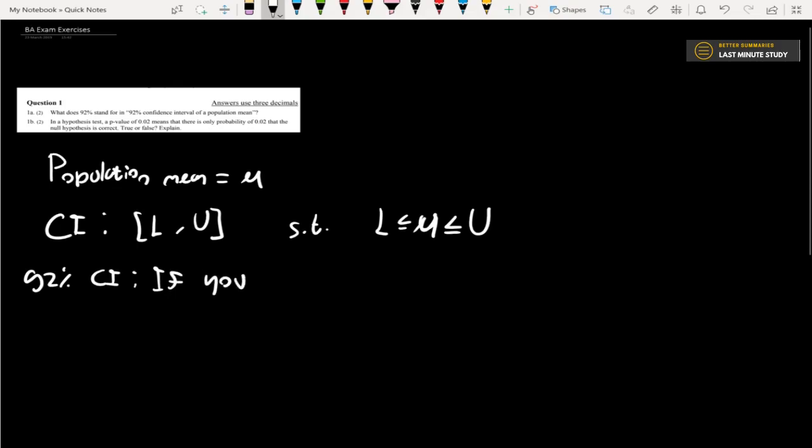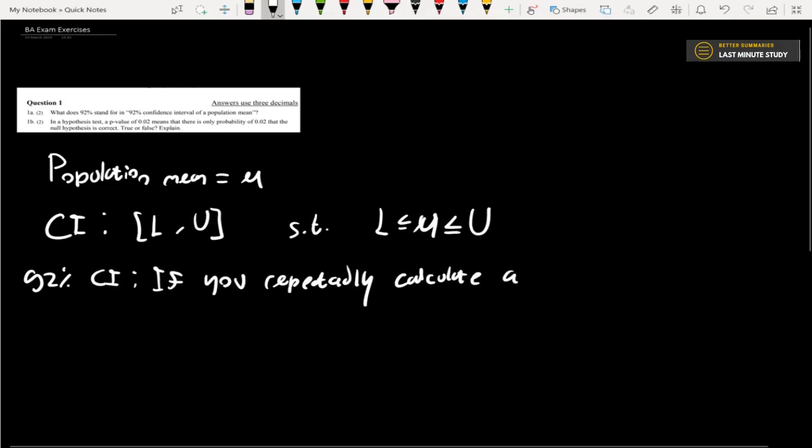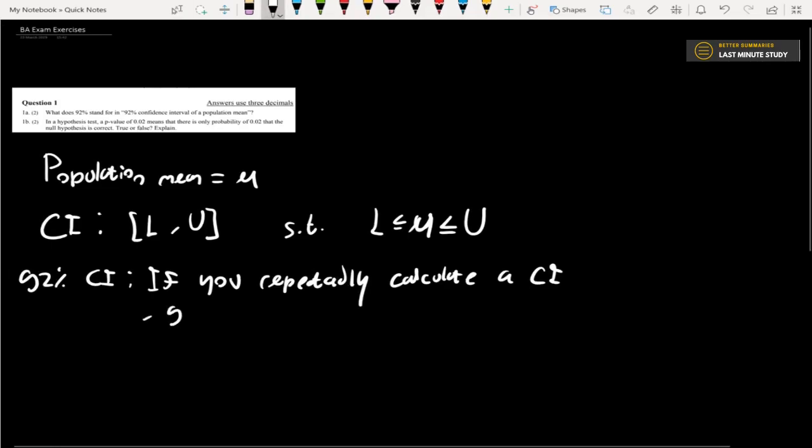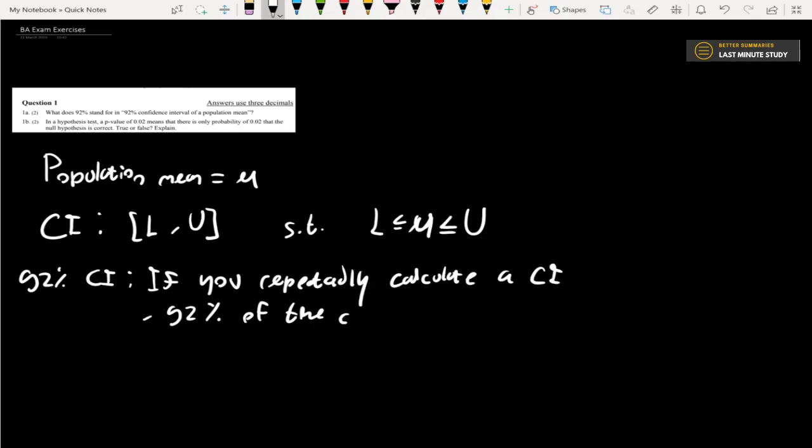if you repeatedly calculate a confidence interval, then in 92% of the cases mu will be in this confidence interval. Right?